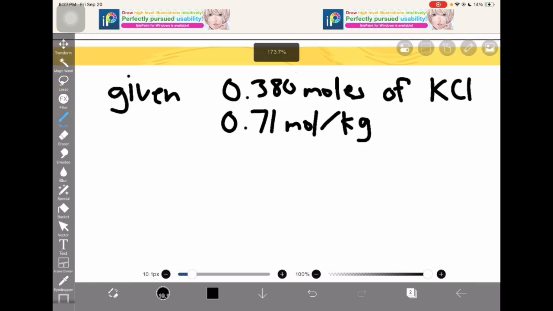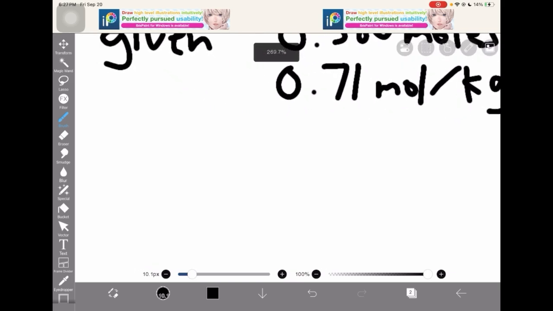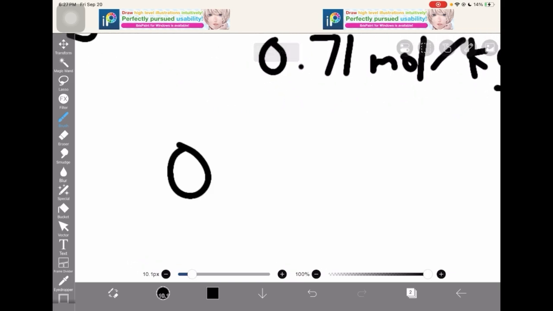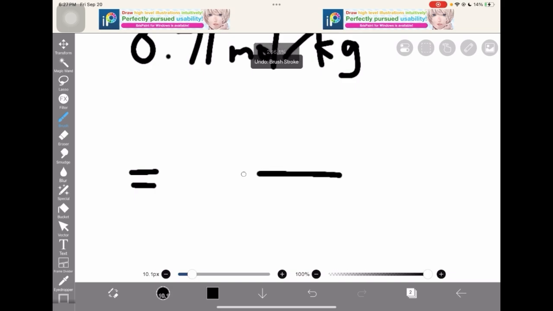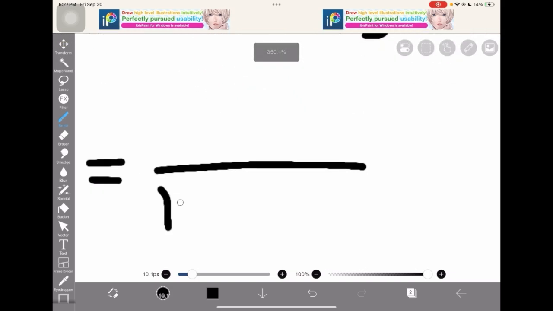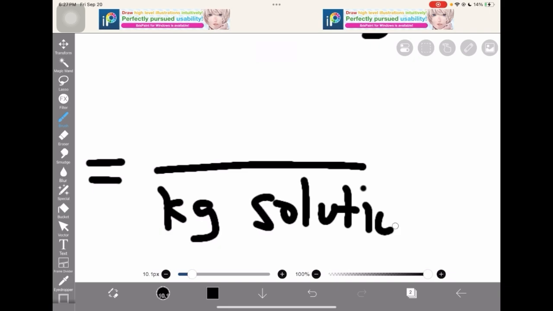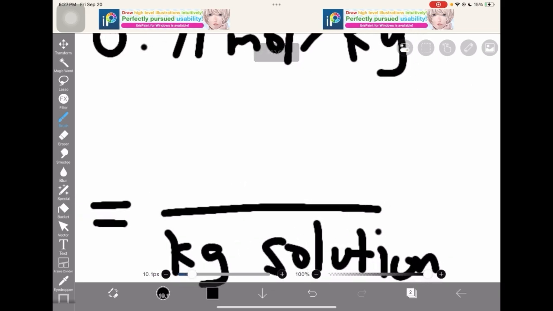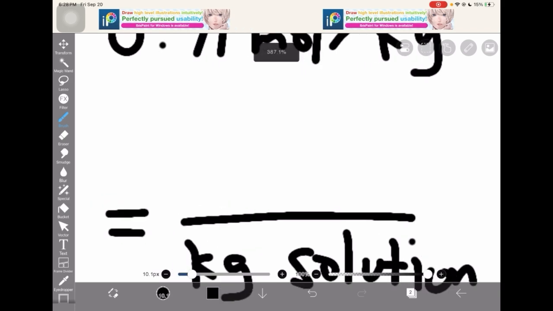Let's visualize that. So the molality formula is going to be kilograms of solution and over the amount of solute. So it's very simple.